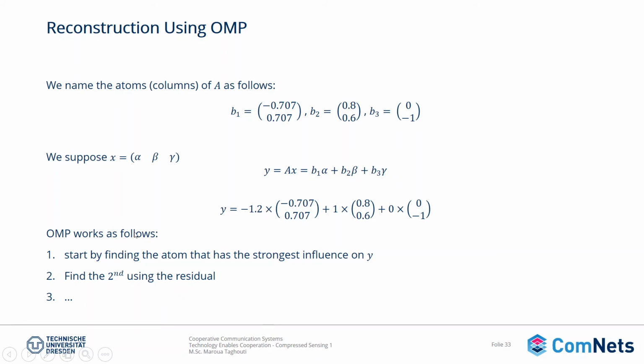Okay, so how does this OMP work? We start by finding the atom that has the strongest influence on y, then find the second one using what we call the residual, which we will see a little bit later, and then continue until the residual achieves a certain threshold.